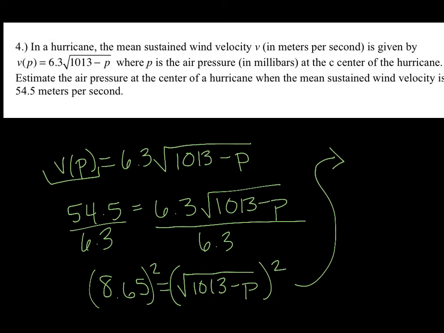So 8.65 squared is 74.8. And on the right-hand side, we just have 1013 minus P.